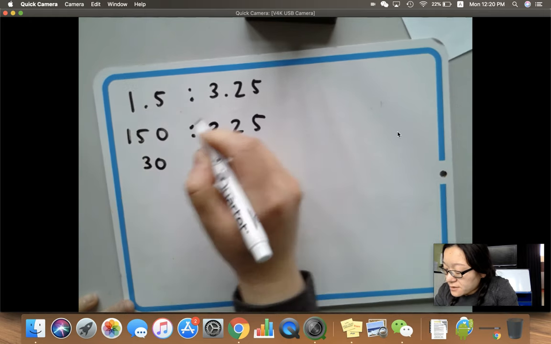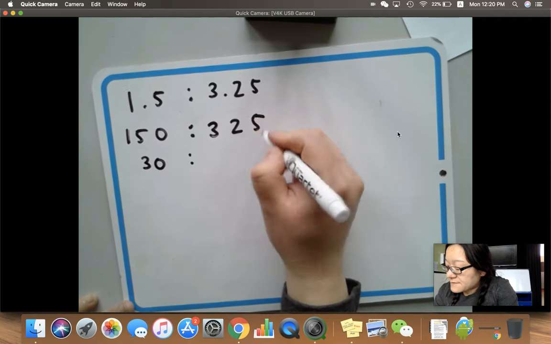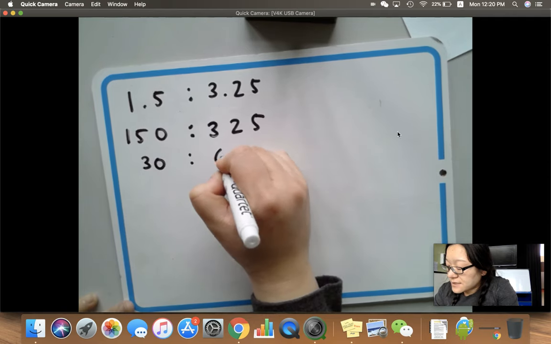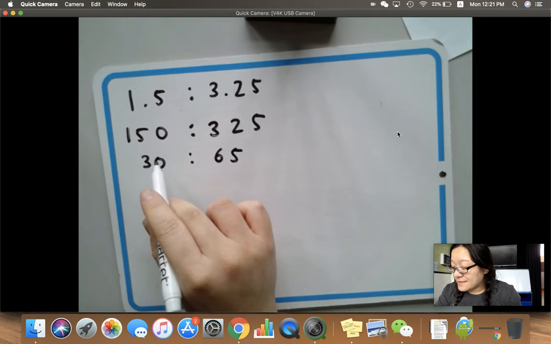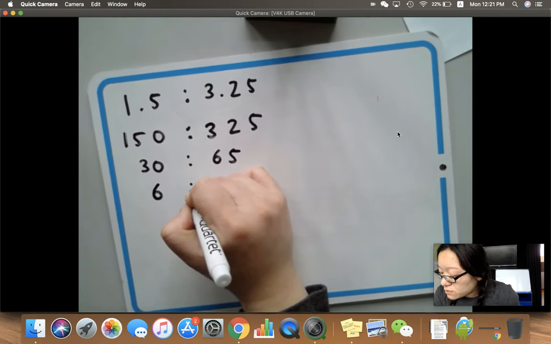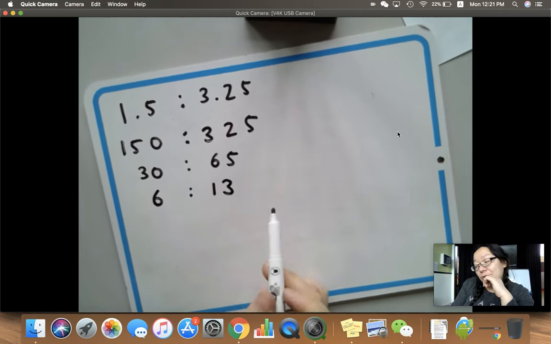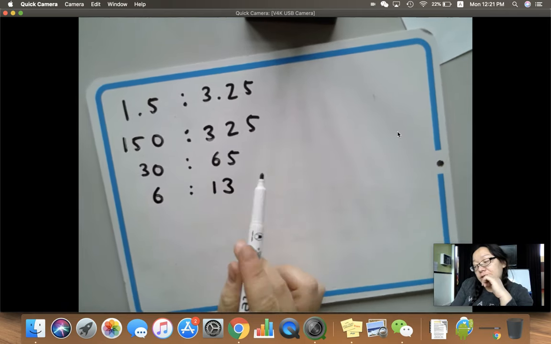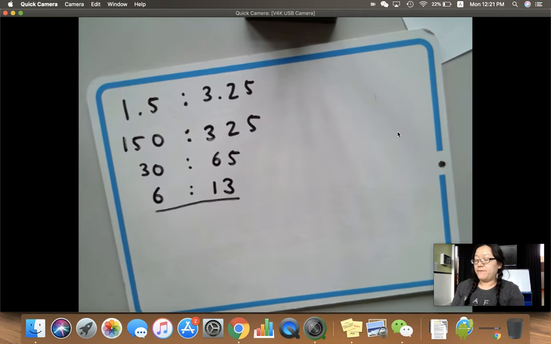So that's 30, and 325 divided by 5 is 65. I'm looking at this and I think I can simplify this further. I can see that I can divide it by 5 again. So 6 to 13. Can I simplify that any more? No, I'm pretty sure you can't divide 13 by anything else. So 6 to 13 is the final most simplified version.